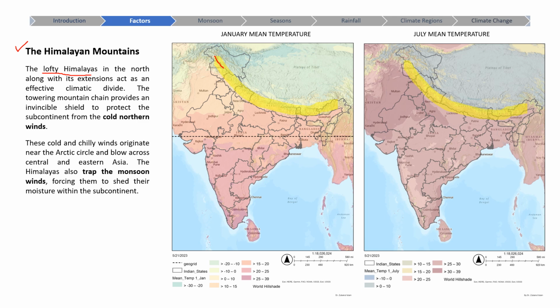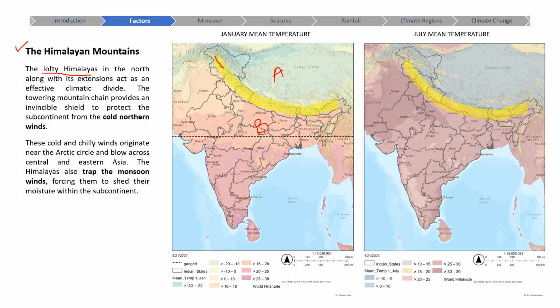At this height, there is a divide between north of the Himalaya and south of the Himalaya. As you can see on this map, during January and July also there is a difference in the temperature.